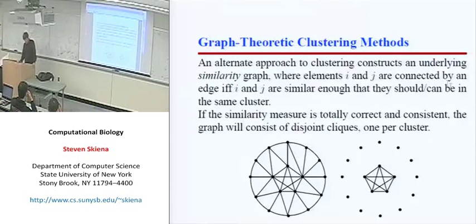And then the question is, is there a way to interpret these edges as clusters? If you did everything right, each cluster would form a clique, a complete graph, where every one in the class is close to every other one in the class.